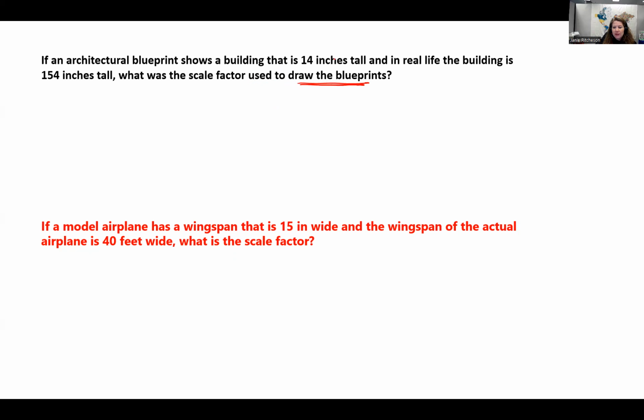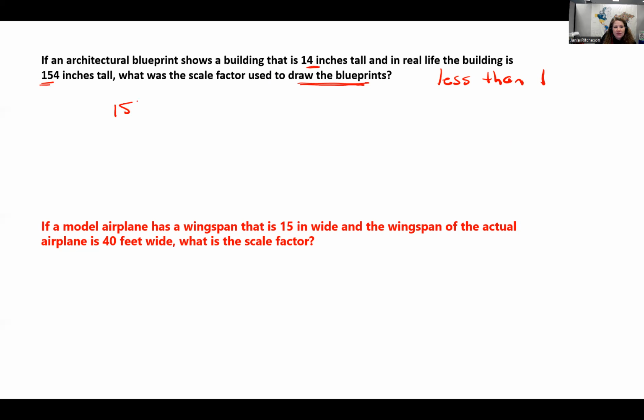So to draw the blueprint, that's when we're going to take something big and make it smaller. Big to smaller tells us our scale factor is less than 1. So when you go to set up your proportion, which one's going to give you a number less than 1?